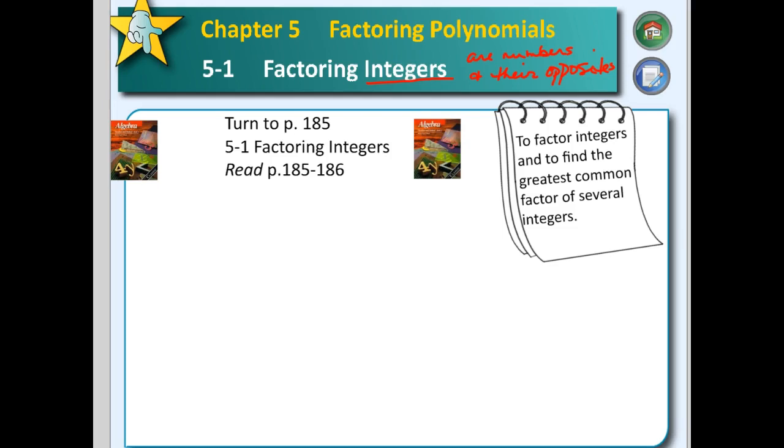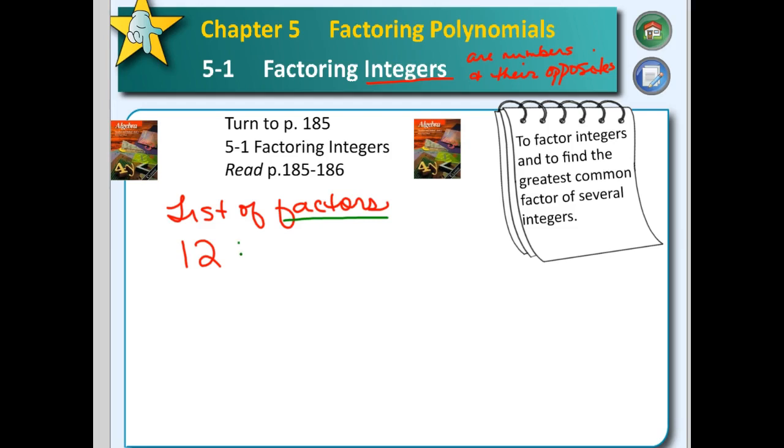Now, if you look at example 1 in your book on page 185, they want us to give them a list of factors, okay? A list of factors. So if they wanted me to give them the list of factors for 12, I would have to give them all the numbers that are multiplied together that equal 12. Now remember, factors are two numbers that when I multiply them together give me the desired product.